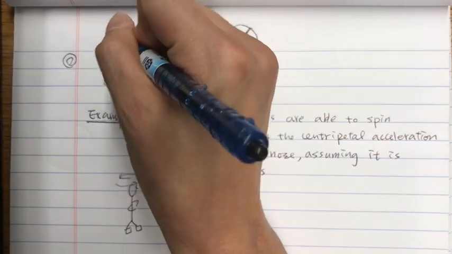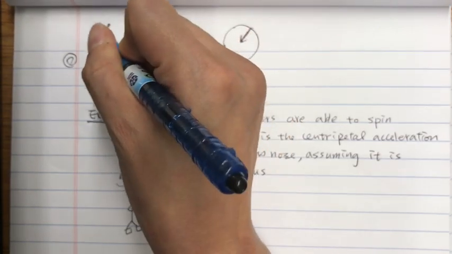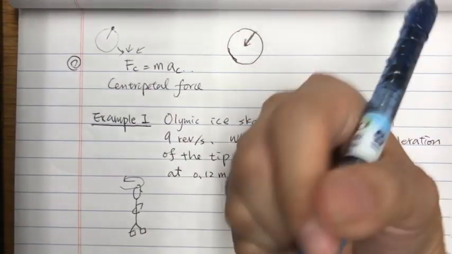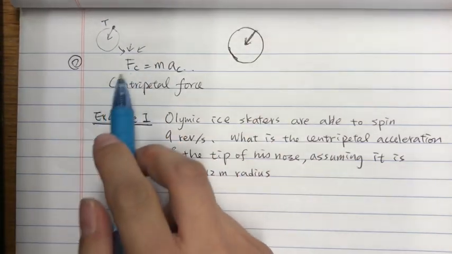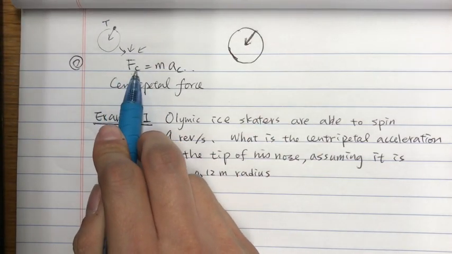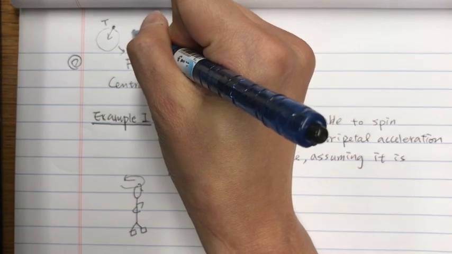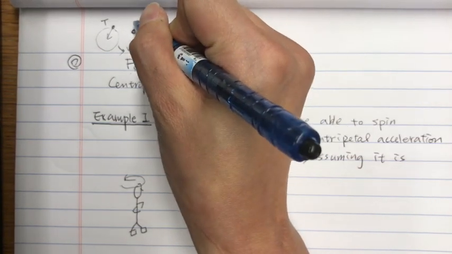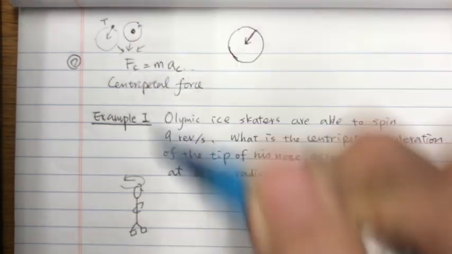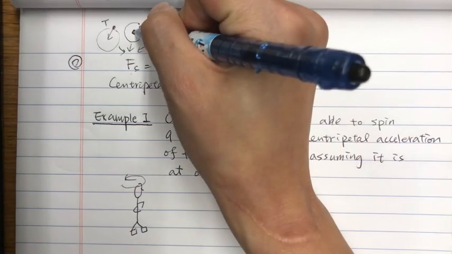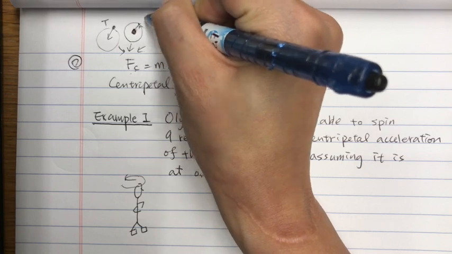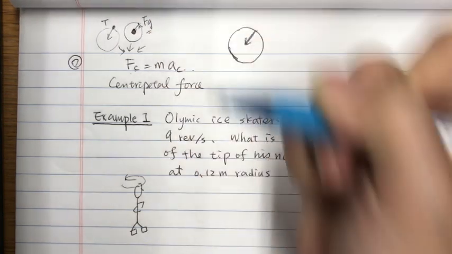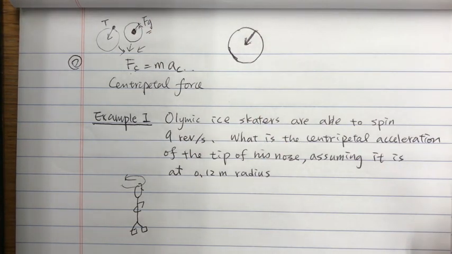If it's a ball attached to a string and you're swinging it, tension force will be the centripetal force in this case. Or if I have a satellite orbiting around the Earth, then the force between them, which is the gravitational force, will be the centripetal force in this case.